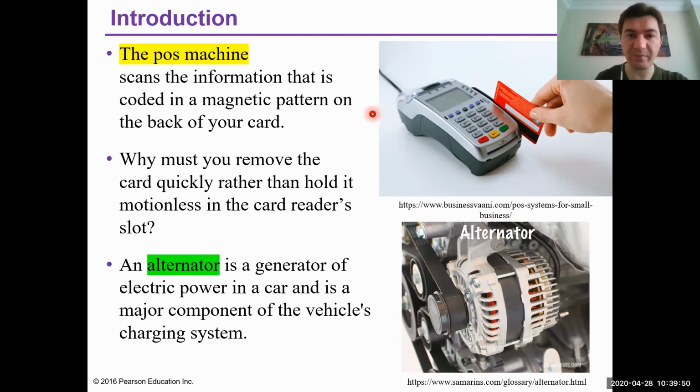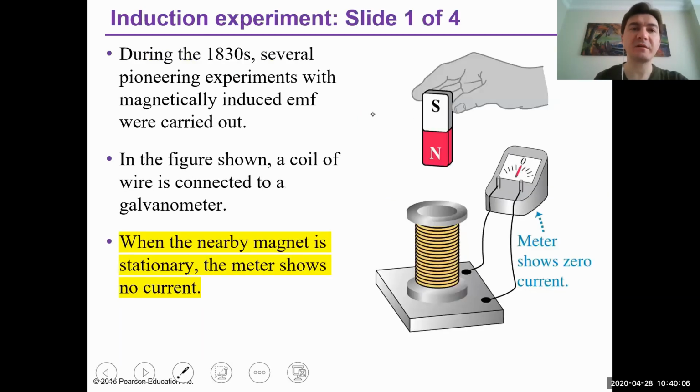All these machines and instruments are related to electromagnetic induction. We will talk about the details of the working principles of those machines. So now let's start with the induction experiments, and then I will go to Faraday's law.